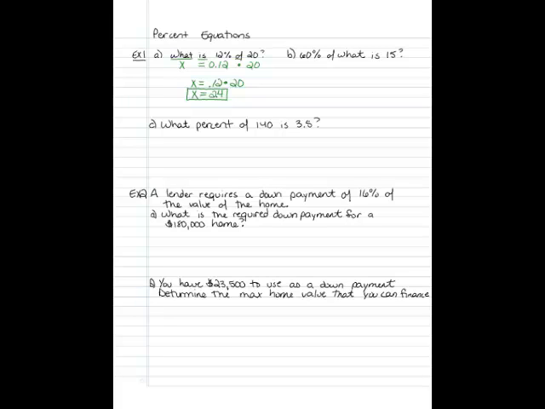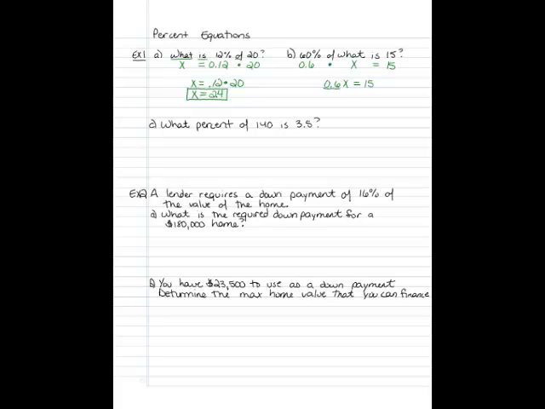So 60%, again, you want to convert it to decimal form, so that's 0.6, of is multiplication. What, there's our unknown, so I'm going to use x for that, is equals 15. So condensing this, we have 0.6 times x equals 15.